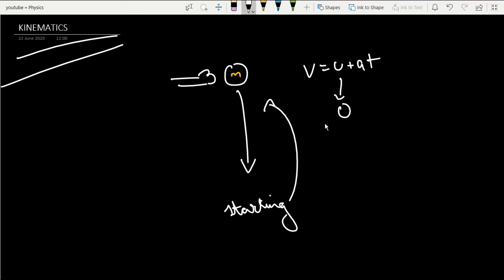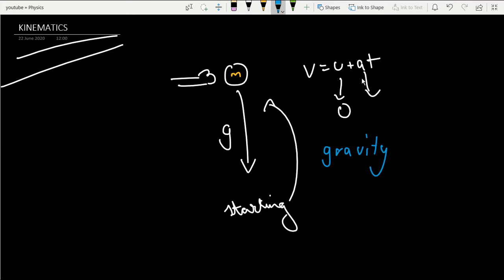Now let's see a. What will be the value of acceleration? When you are leaving the body of mass m, it goes directly down. So the acceleration is caused due to gravity.